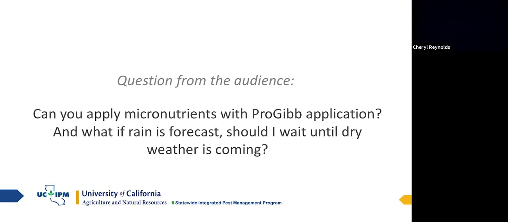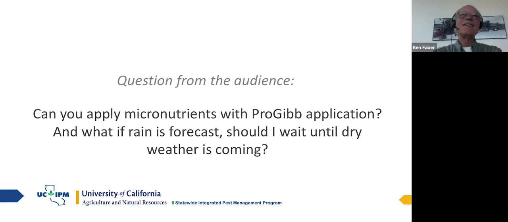Can you apply micronutrients with the pro-gib application? And what if rain is forecast? Should I wait until dry weather is coming? Good questions. You're not supposed to apply stuff along with it.